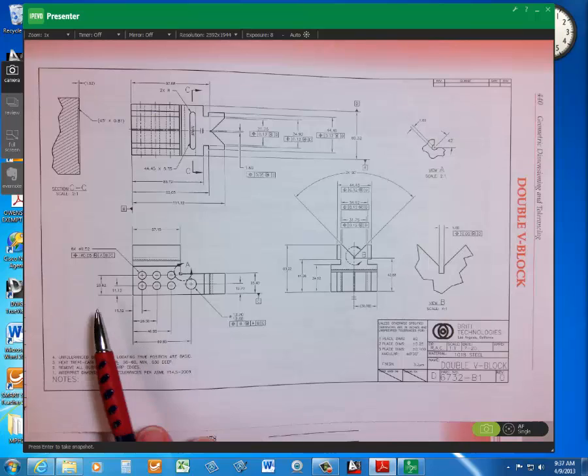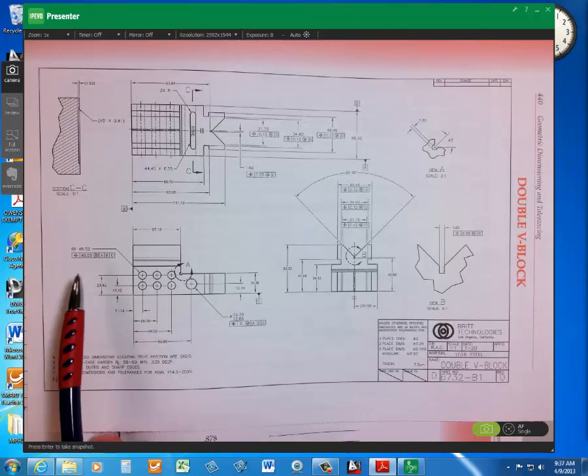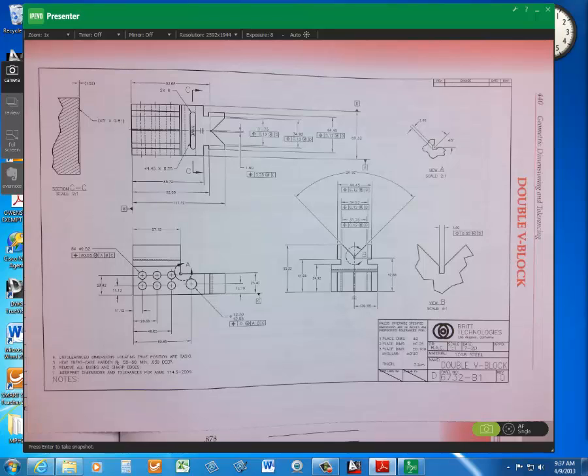Uh-oh. Wait a minute. The book has been teaching us all along what goes with position tolerance: basic dimensions. We don't have any. We've got a bunch of kind of weird looking numbers, don't we? So that's another indication.